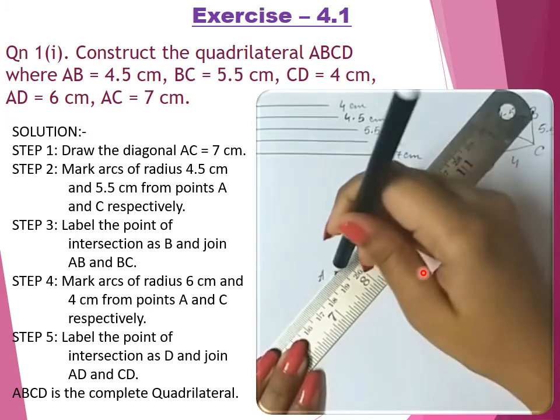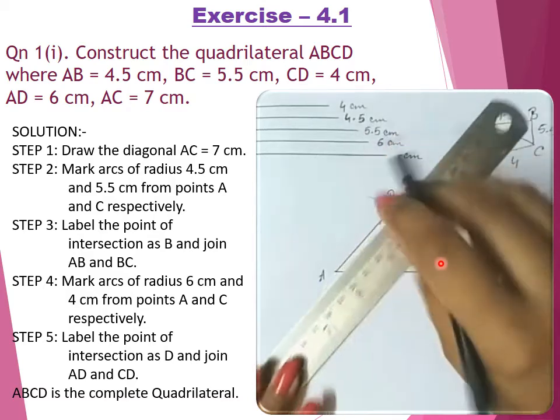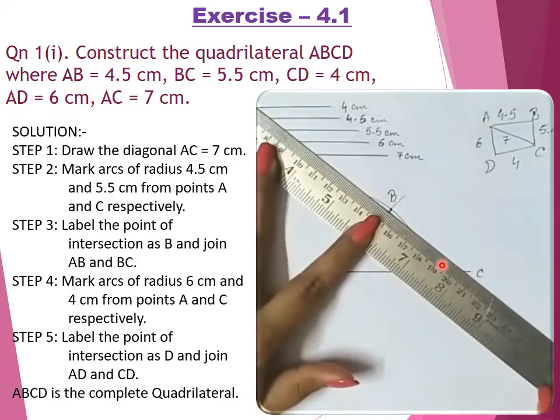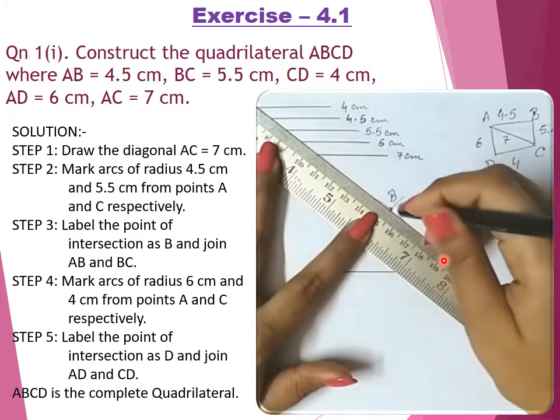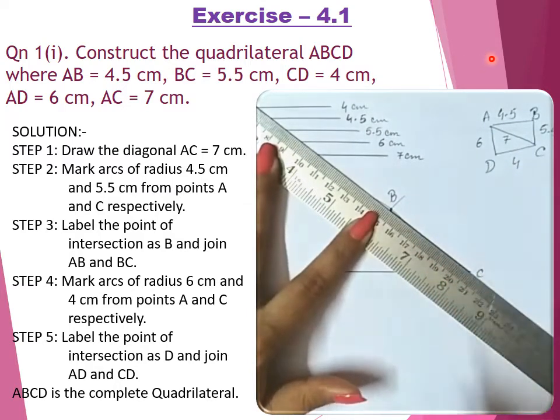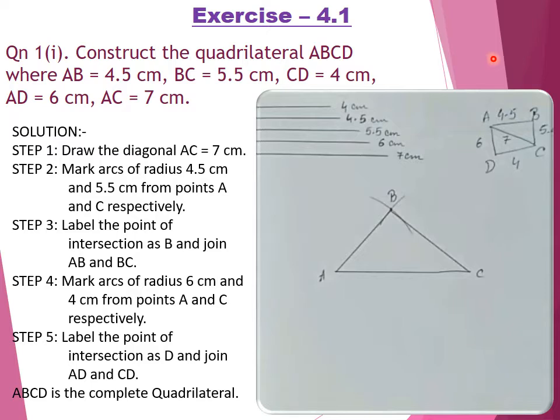So we'll get AB and AC as the two straight lines.